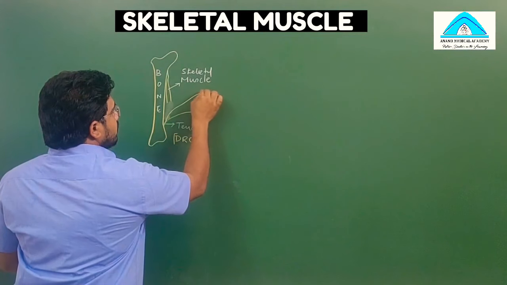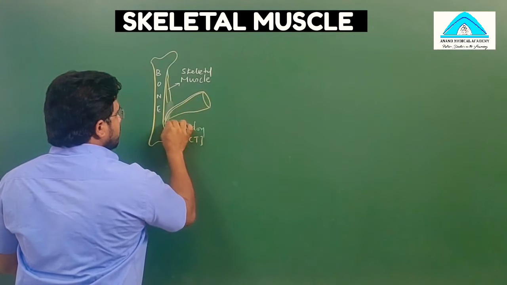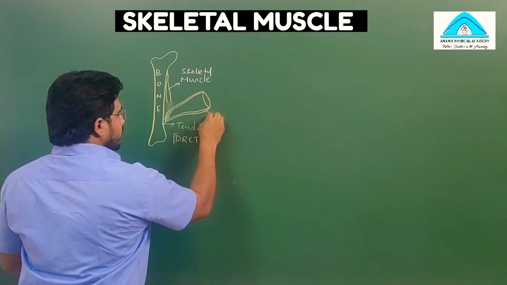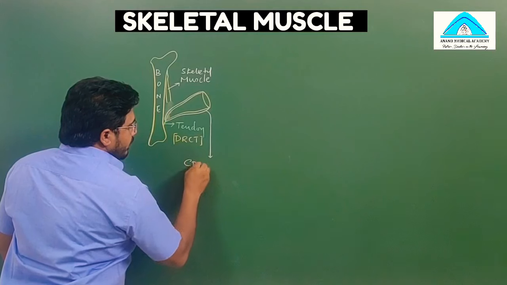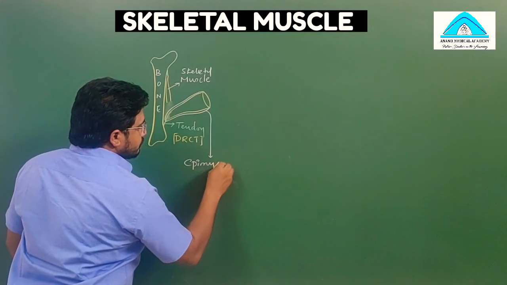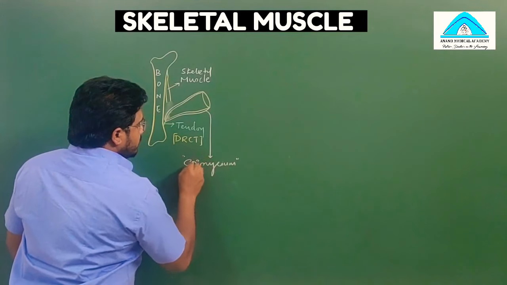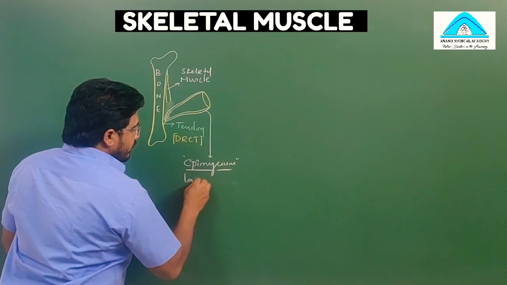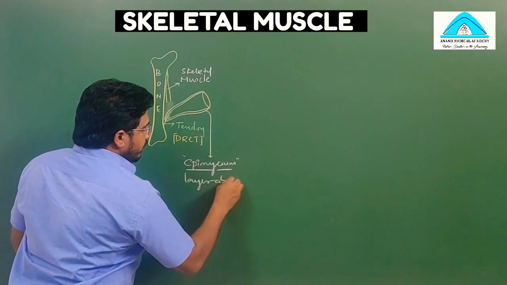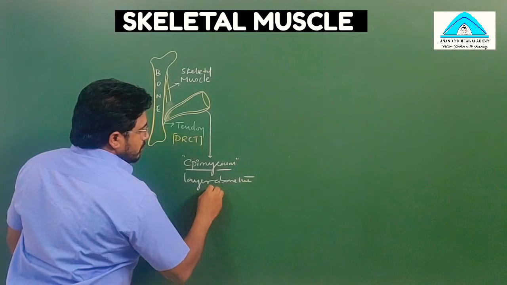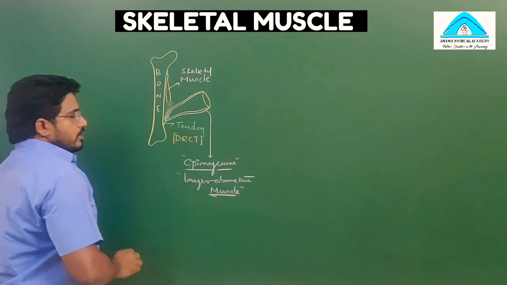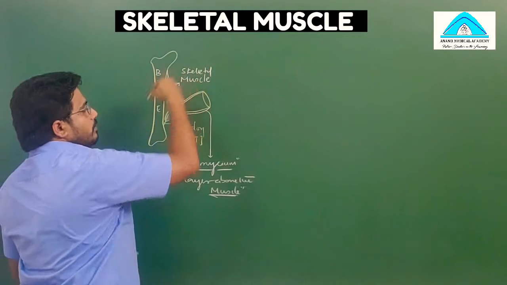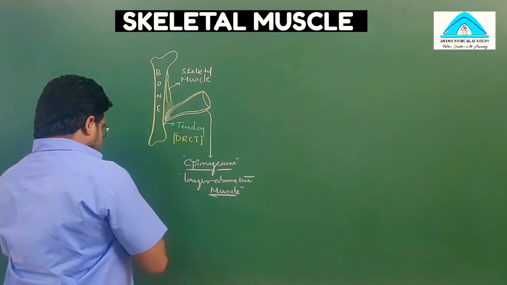The layer around this muscle is called epimysium. Epimysium means the layer above the muscle. Any type of muscle, not only skeletal muscle, has the layer around the muscle, also called perimysium.